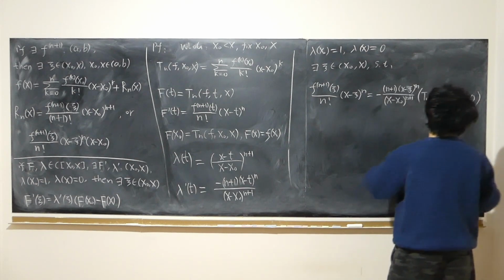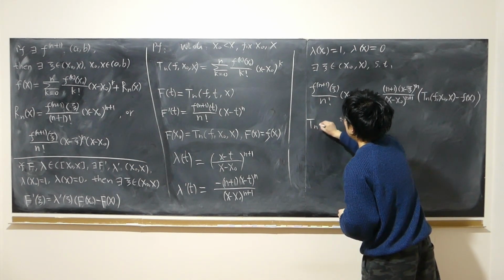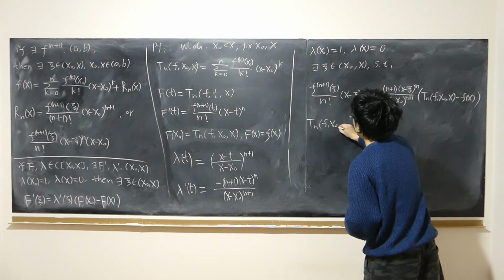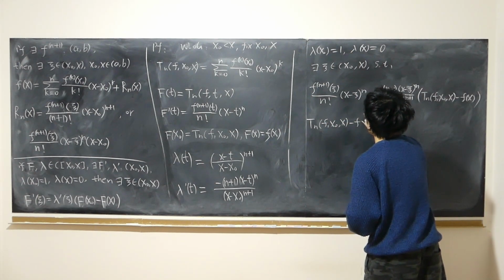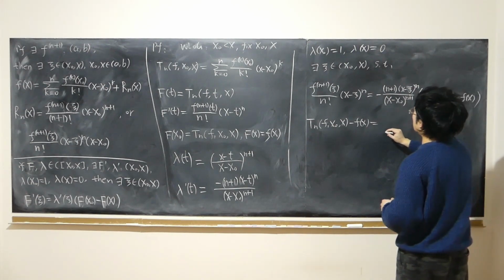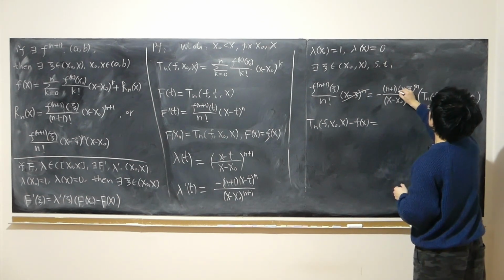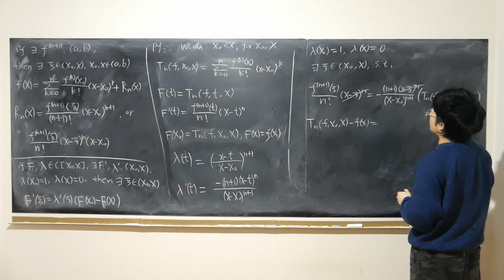All right, then we can isolate this. Tn f x naught x minus f of x is equal to, I can cancel out this x minus Cauchy to the power of n, they just cancel out.